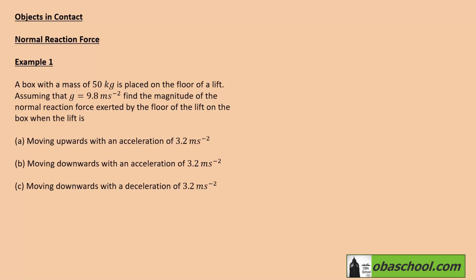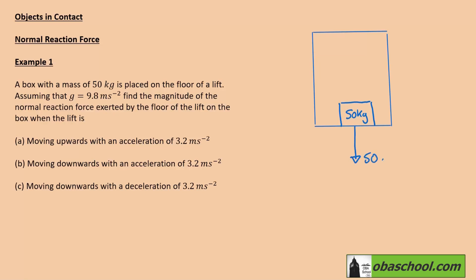So to start with, let's just get a diagram. So if we have our lift like so, and then we place the box on the floor, we know this is 50 kilograms, and therefore a weight of 50g will act downwards, and there'll be a normal reaction force upwards.